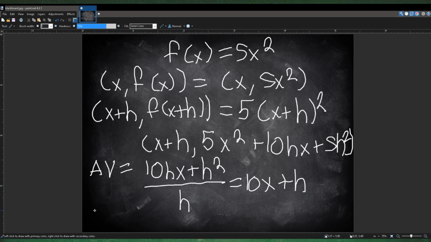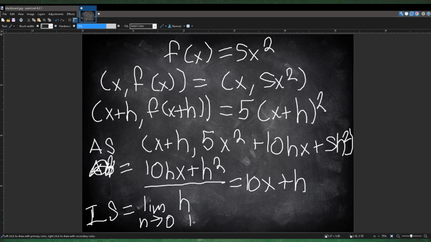So we take a limit to find the instantaneous slope. Sorry about that, I wrote something wrong. The instantaneous slope would be equal to the limit as h approaches 0, a really small number, of 10x plus 5h.